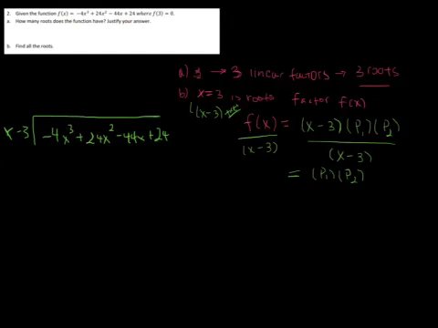X goes into negative 4x cubed negative 4x squared times. So that will give me a negative 4x cubed. And then I multiply by the negative 3, which will give me a positive 12x squared.